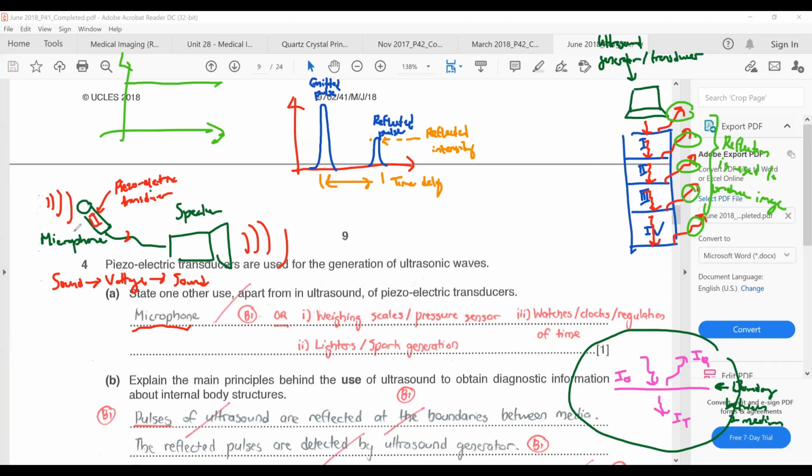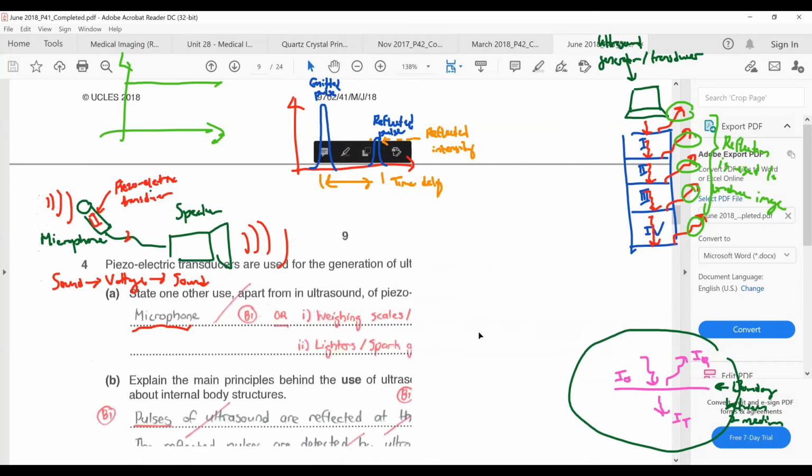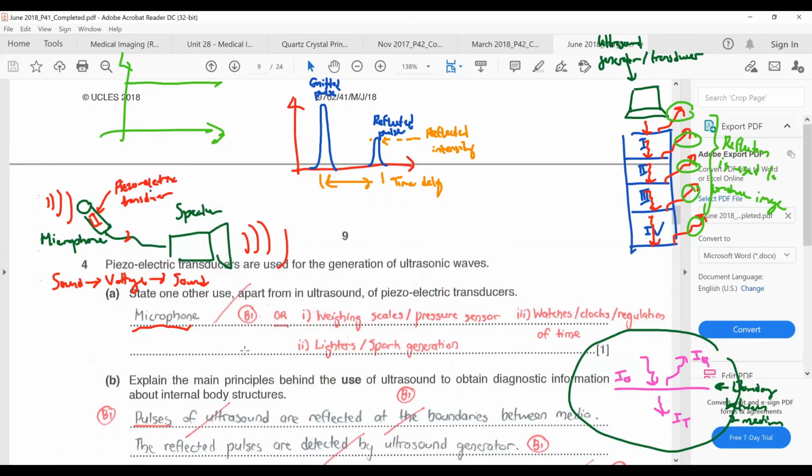Other choices of answer would be weighing scales, pressure sensors, lighters, spark generation, watches, clocks, regulation of time. Those could be a few uses of piezoelectric transducers, but the most common one is the microphone. Whatever you have here is just the marking scheme answer, so you can copy that.